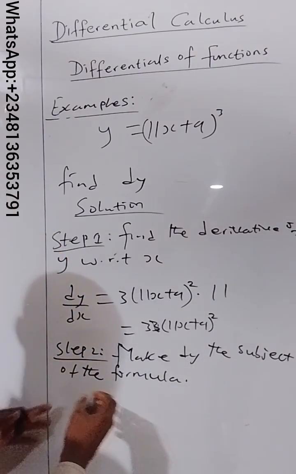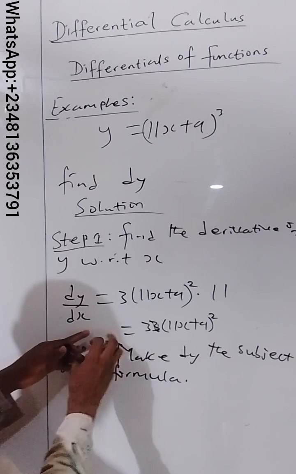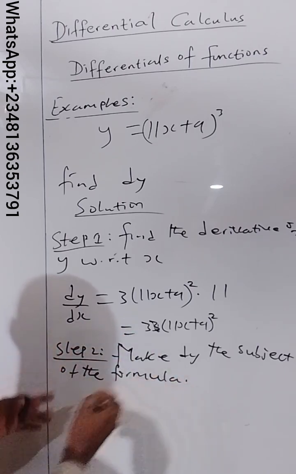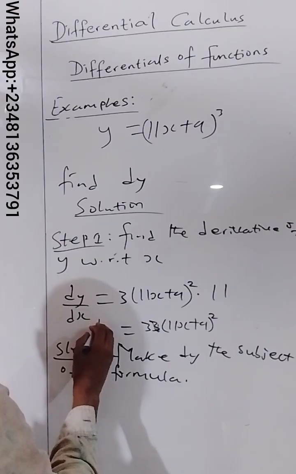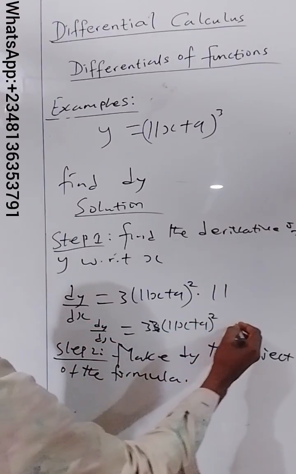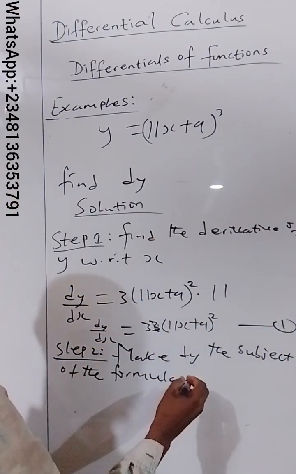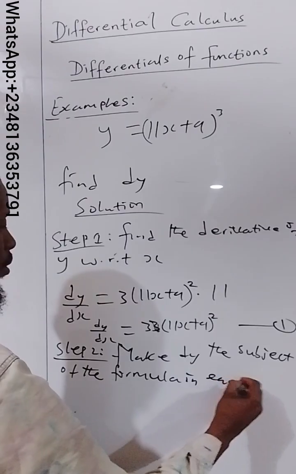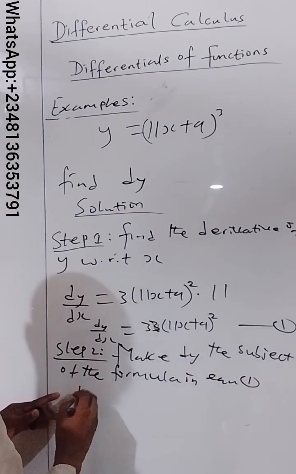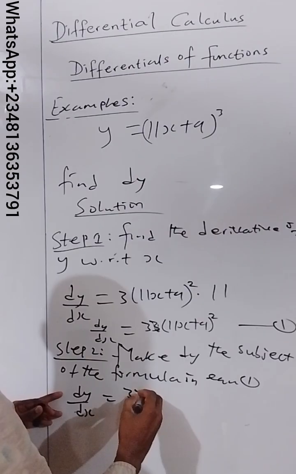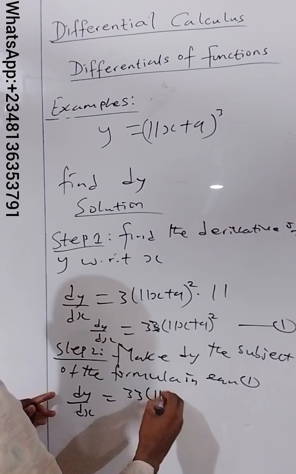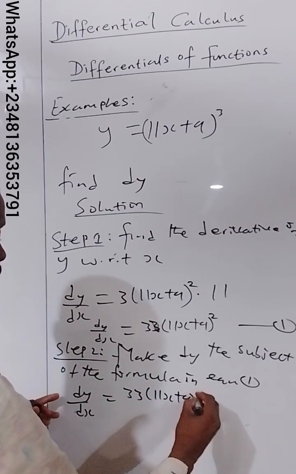Now, in this equation, we make dy the subject. Let me write this. If I call this equation 1, don't forget this is dy/dx. So I have dy/dx equals 33 (11x plus 9) squared.